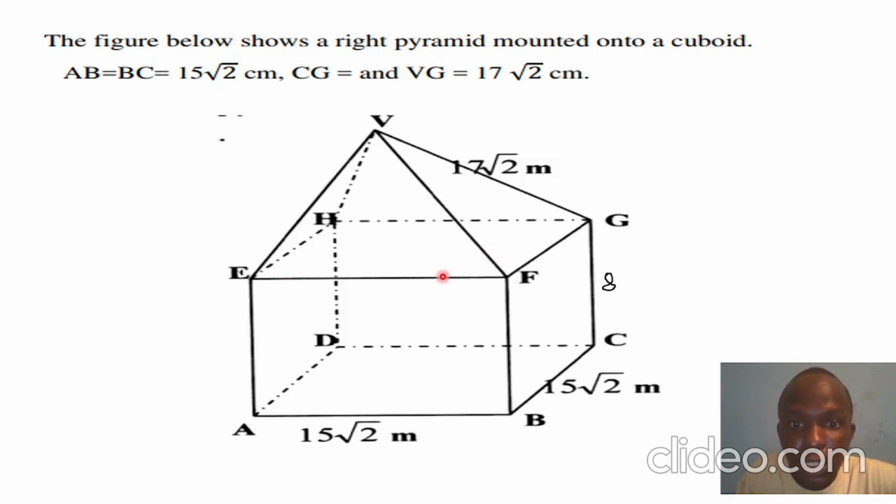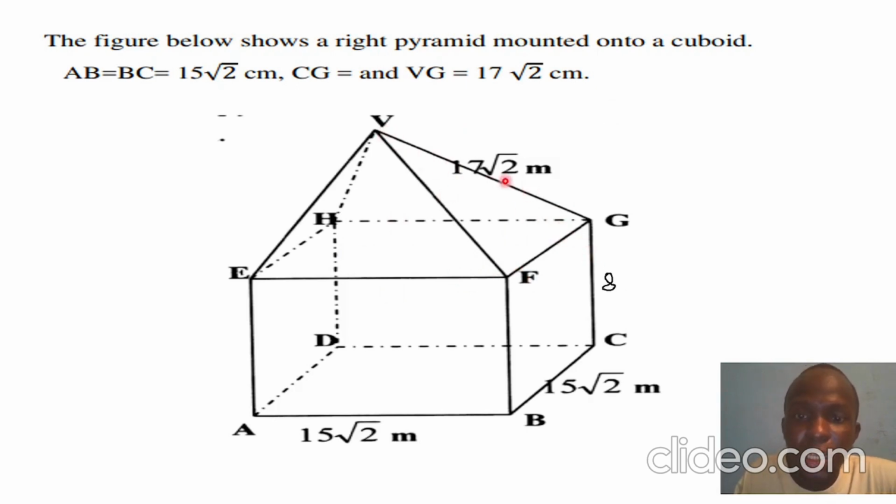You can have a square based pyramid. This is a square, but also a square is a special rectangle, so it is true to say that it's a rectangle. Maybe to be specific, we can say it is a square based pyramid. The lengths are already shown.